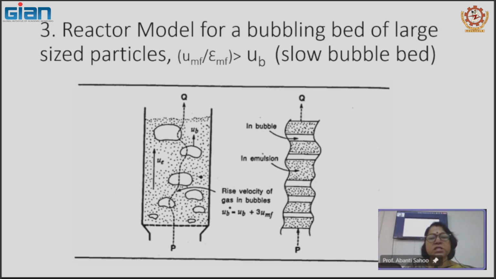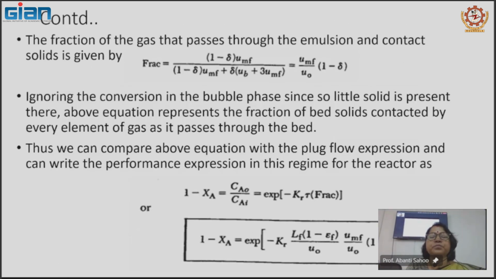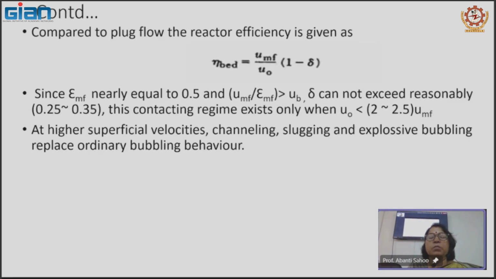So, that is the slugging. Or channeling means all the bubbles will be forming in a vertical line, so a channel will form, which also will affect the fluidization phenomena. So, if you are taking the superficial velocity more than 2.5 times the minimum fluidization velocity, then channeling or slugging may occur, or more bubbles will be forming, and explosive bubbling will be there.